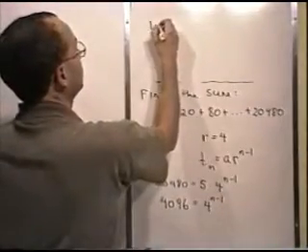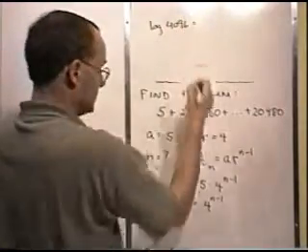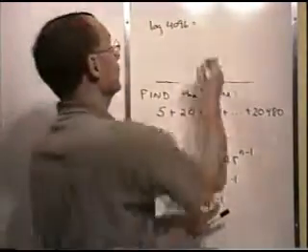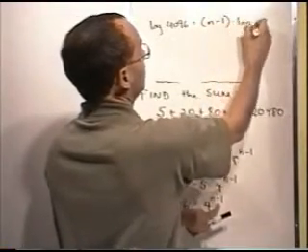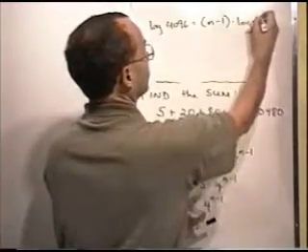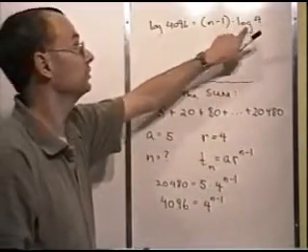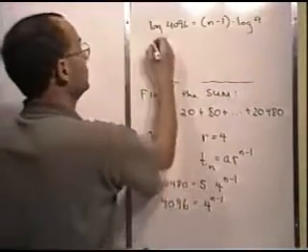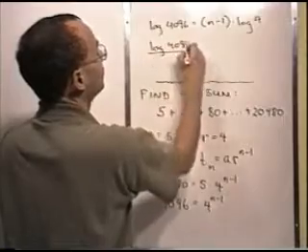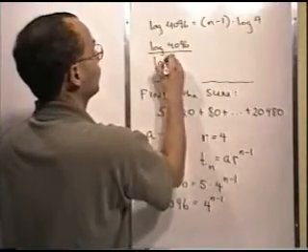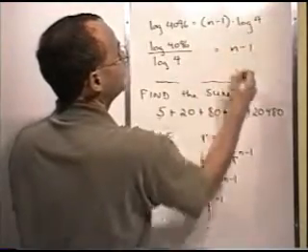So I'm going to take log of 4,096, and that equals, bringing down the exponent, n minus 1 times the log of 4. Now remember that log of 4 is just a number. So I'm going to divide that over to this side. So I have log of 4,096 divided by log of 4, and that would equal n minus 1.